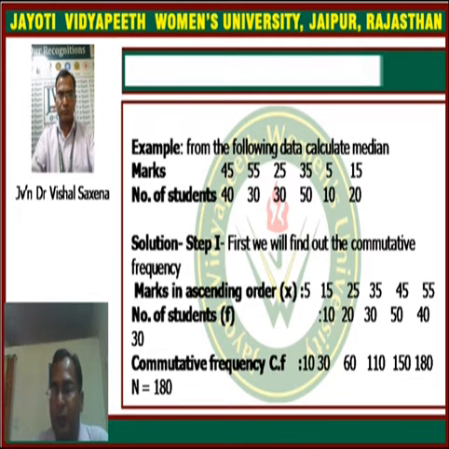Cf means here 10, 30, 60, 110, 150 and 180. So the total number of data, capital N, which is also equal to summation Fi, is equal to 180.